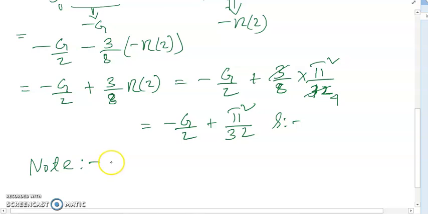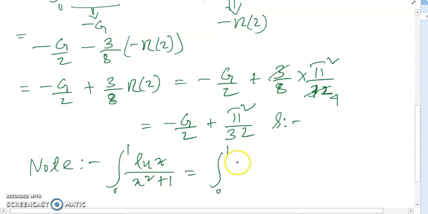Now the question is that I will show a note point. Integration 0 to 1 ln x divided by x square, 0 to 1 minus summation k equals to 0 to infinity minus 1 to the power k.